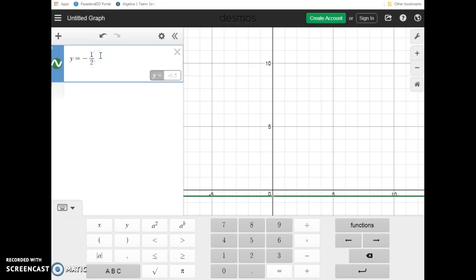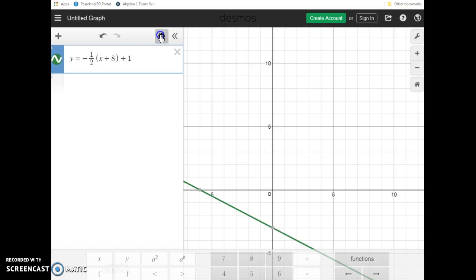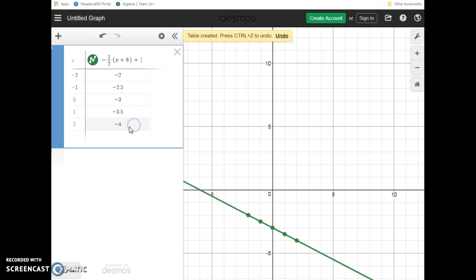Slide over to the other side. Parentheses, x plus 8, close parentheses, and don't forget the plus 1 that we moved over. Hit settings, the table. Does 2 give me 4? No, that's a negative 4.